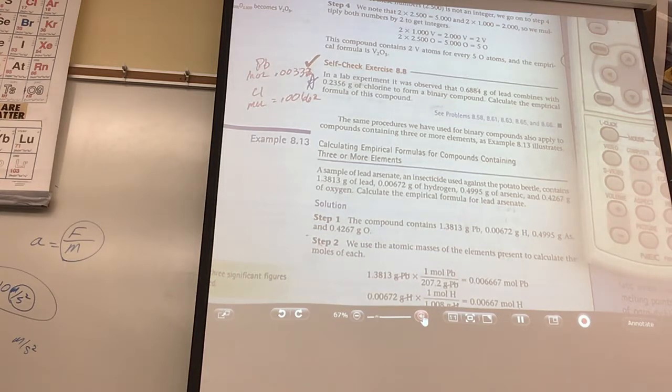Let's figure out which one it is. Working on speed a little bit here.